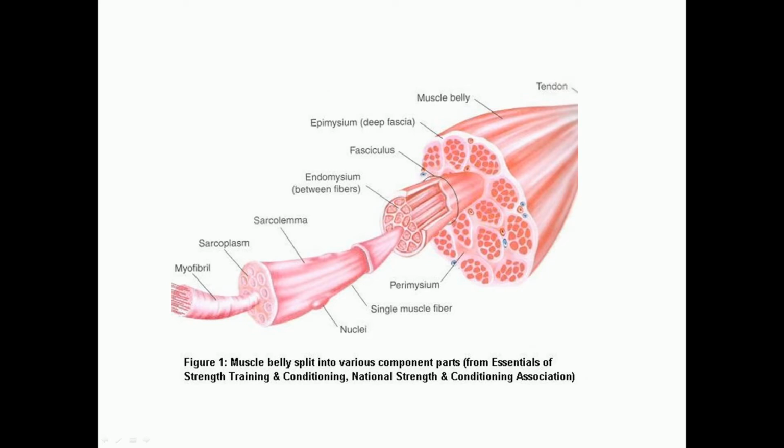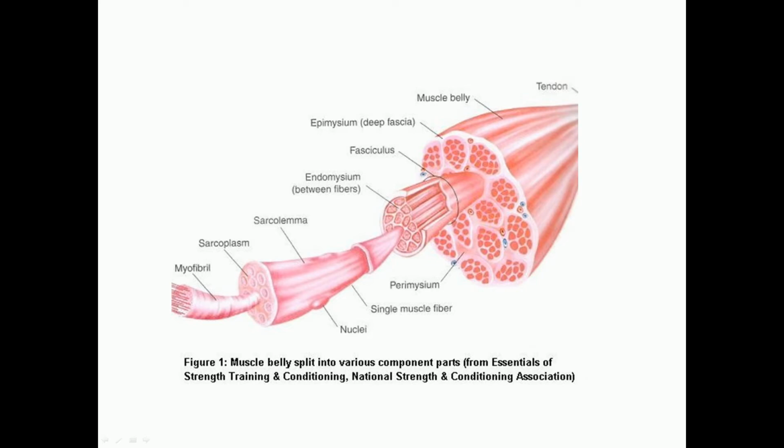So here we can see the structure of muscle fibers. Starting from the right side, you can see the muscle belly there. The muscle belly is covered by a structure known as epimysium, which is marked in the picture. The epimysium contains many fasciculi inside it.